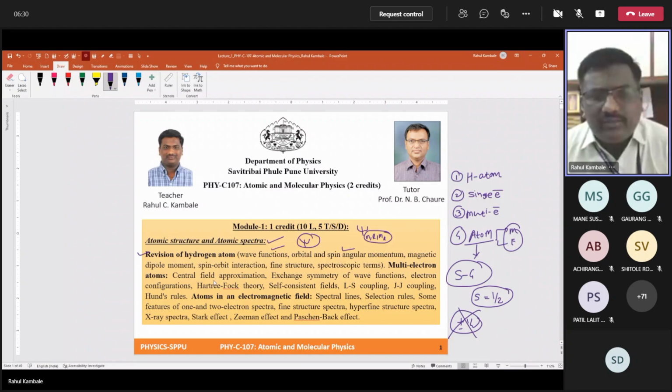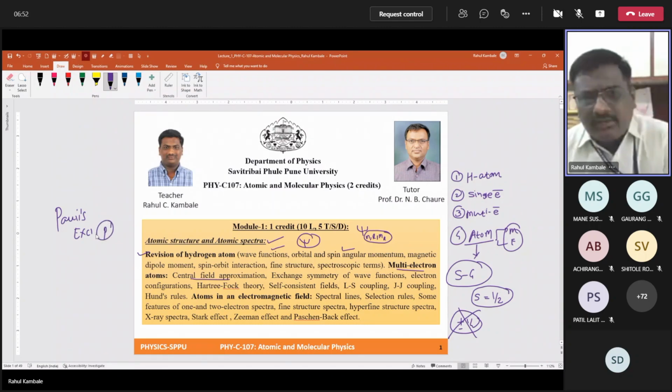Then in case of multi-electron system, definitely we will go for the central field approximation. Then exchange symmetry of wave function, meaning formulation of Pauli's exclusion principle.